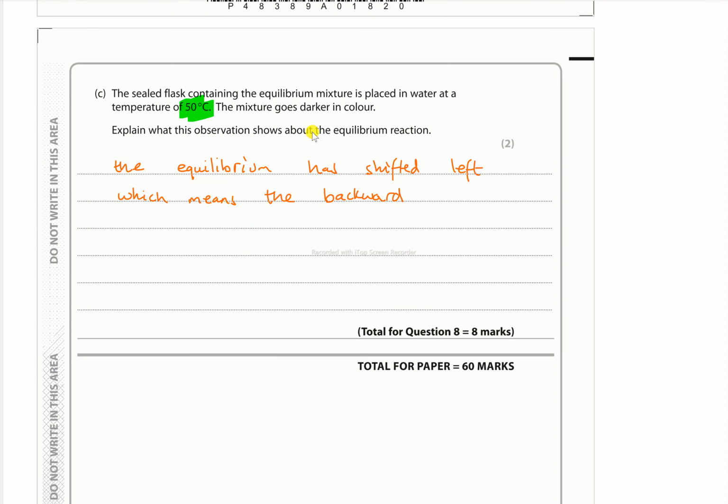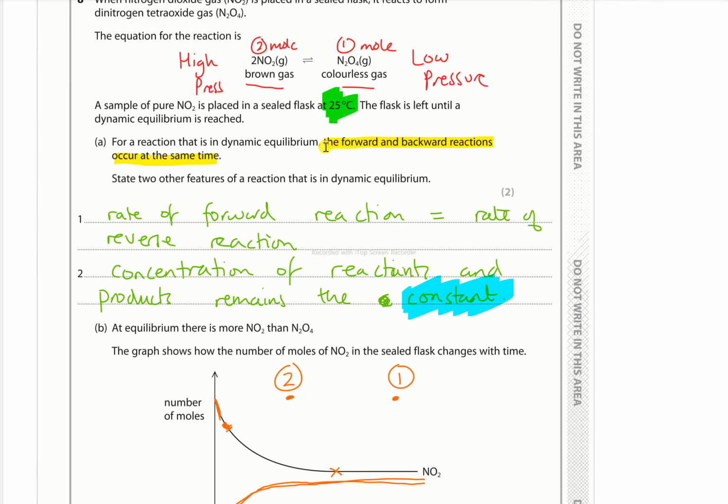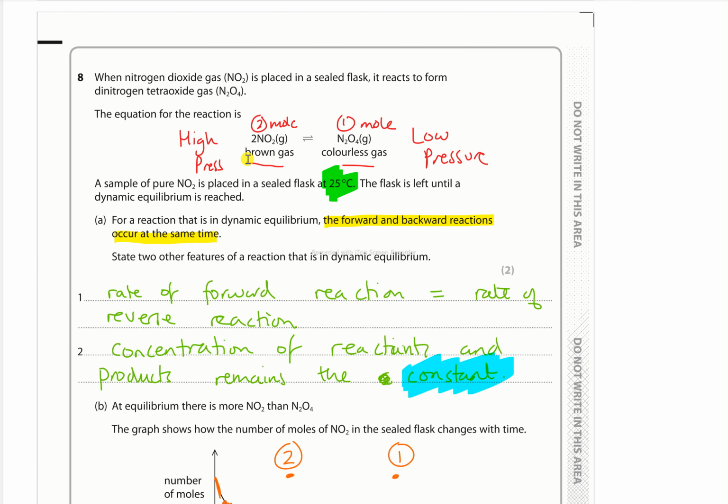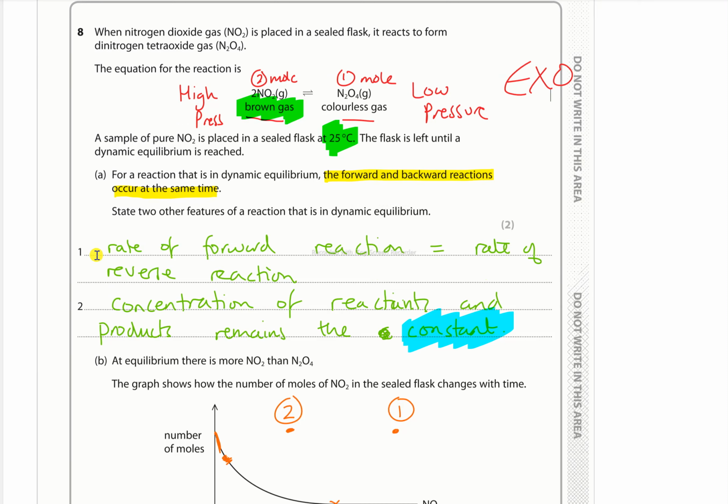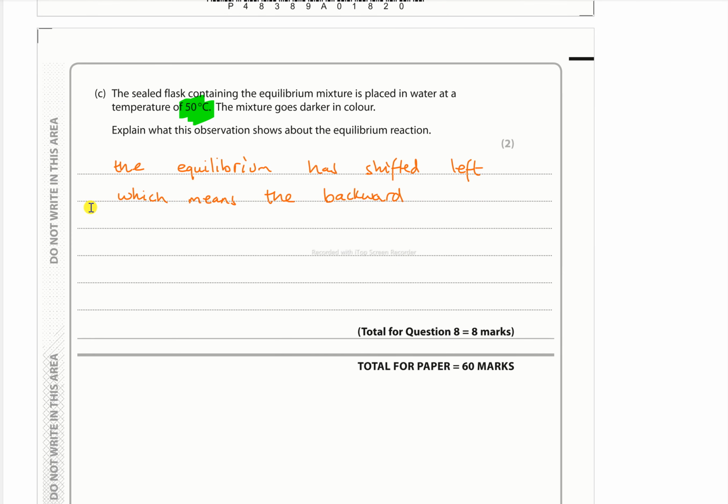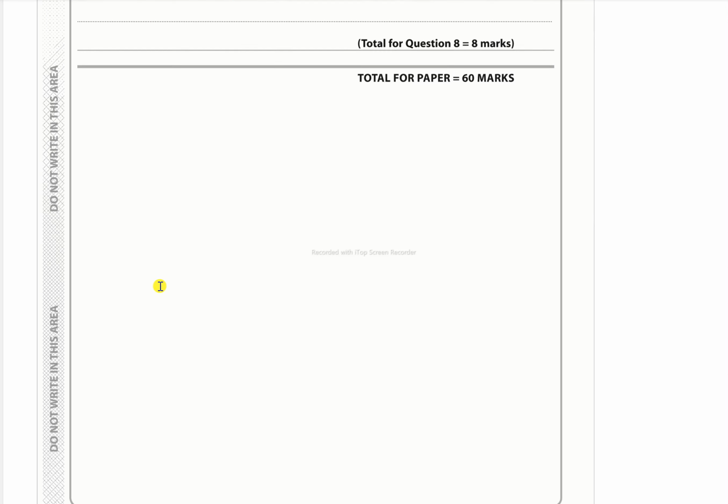You moved it to 50 degrees. So the system's gone to the cooler side and it's gone darker. So we know this is an exothermic reaction. Okay, so it's gone back. So it means that the backward reaction is, in this case, endothermic. There you go.